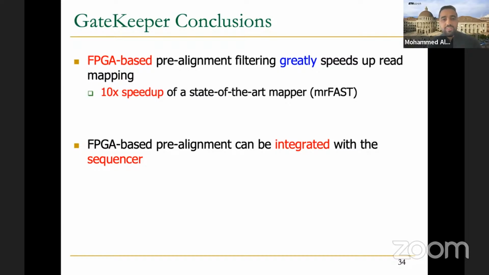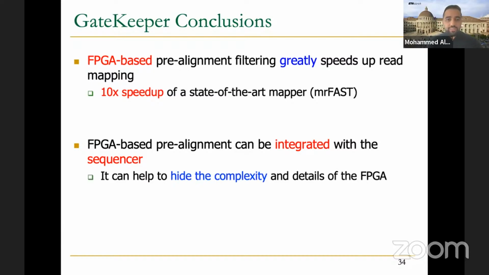The FPGA-based pre-alignment filtering can be integrated with existing sequencers. Most existing short-read sequencers have an FPGA inside to do the translation from the raw sequencing data into the FASTQ file, or what we have currently. That's what we call the base calling step.